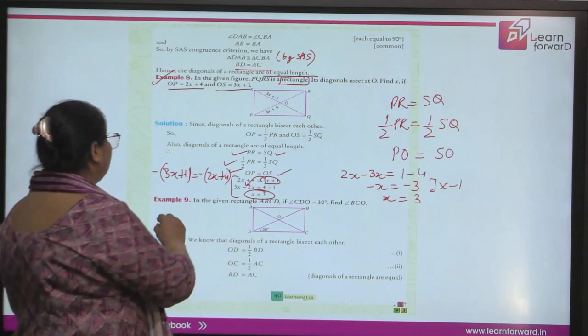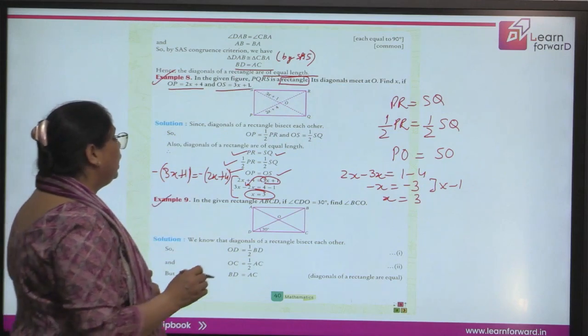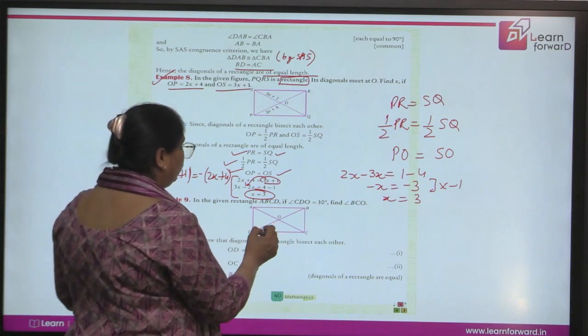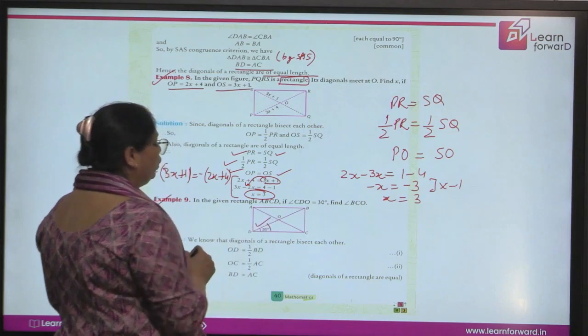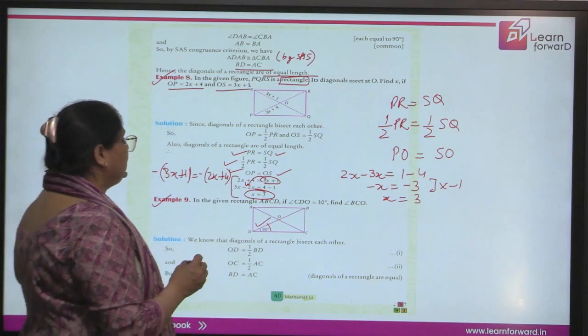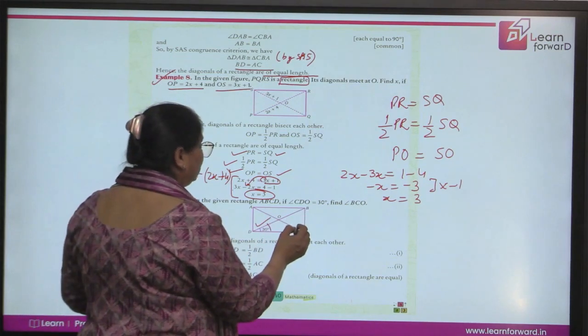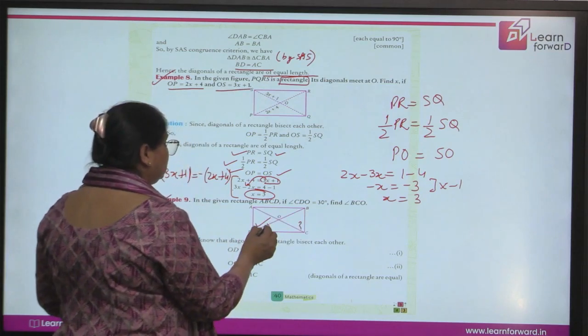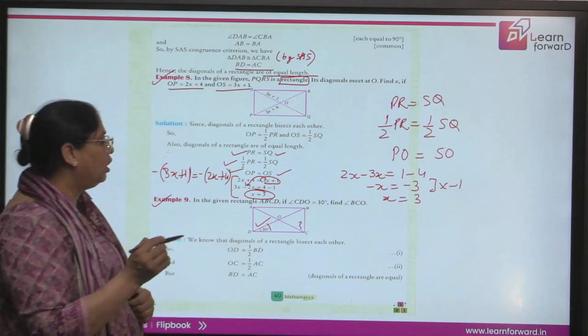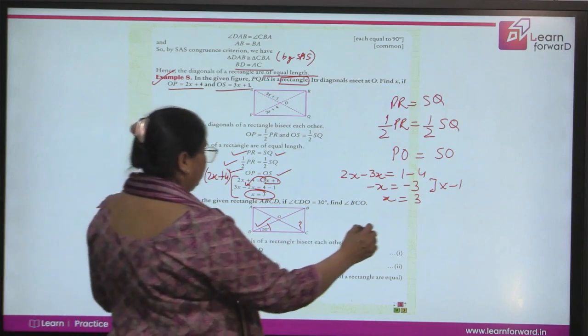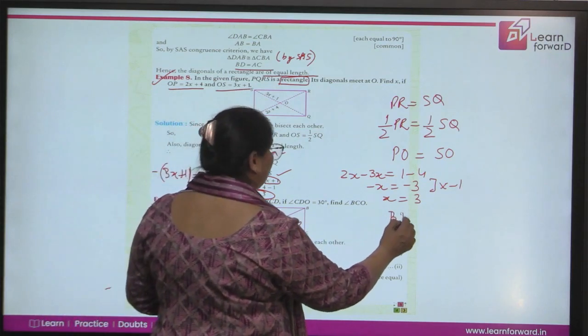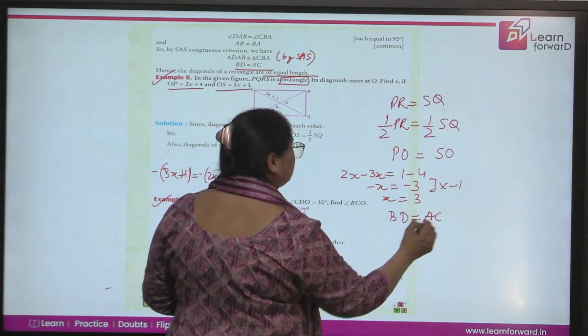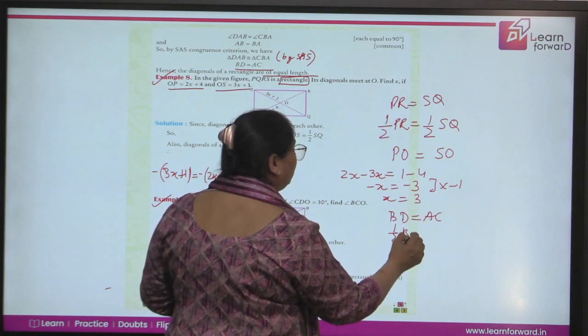Now another example, example number 9. Angle CDO is given to you as 30 degrees, and you have to find angle BCO. Since diagonals of a rectangle are of equal length, BD must be equal to AC, and half of BD must be equal to half of AC.